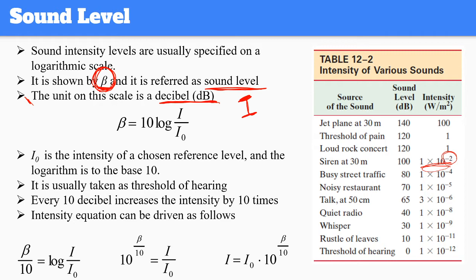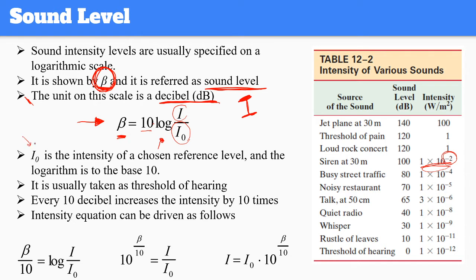A way for us to calculate the sound level is as follows: 10 times the logarithm of I over I0, where I0 is the threshold of hearing. If you would like to calculate the sound level, you use this equation to describe the sound level in that region.